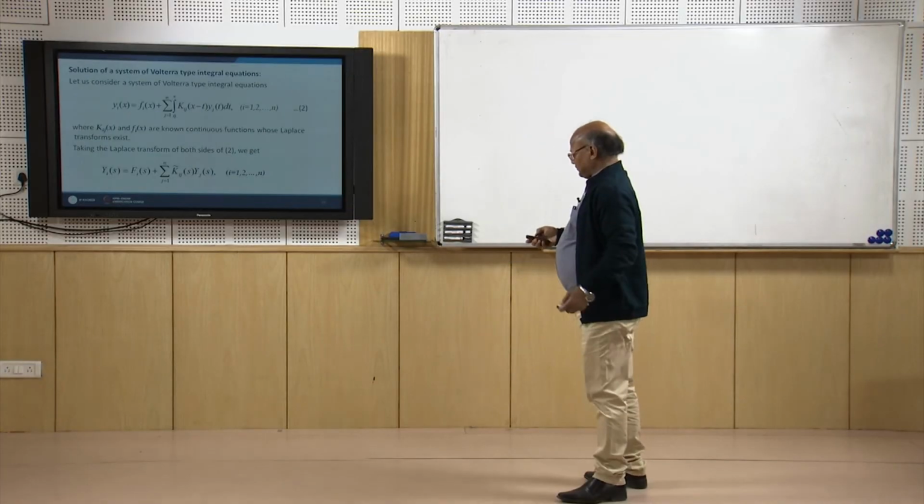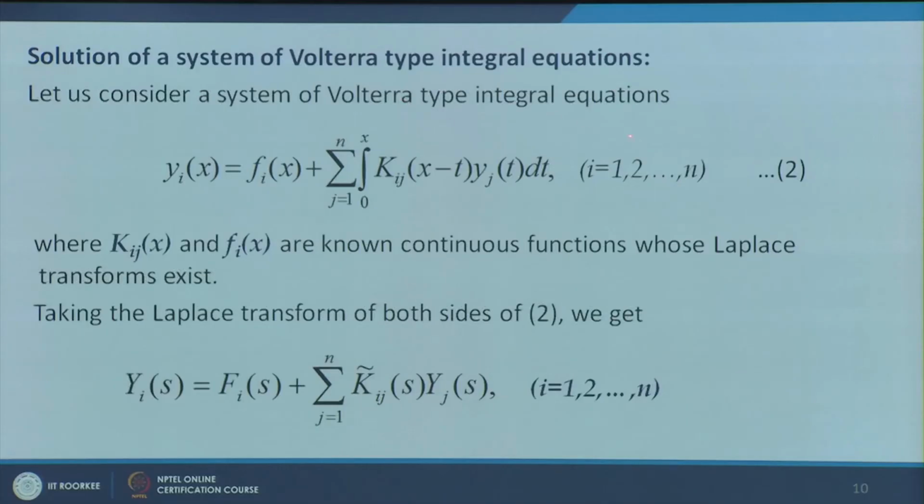Let us consider a system of Volterra-type integral equations: phi_i(x) equal to f_i(x) plus sigma j equal to 1 to n integral 0 to x k_ij(x minus t) phi_j(t) dt. So, there are n integral equations here, and therefore, there are n unknown functions to be determined.